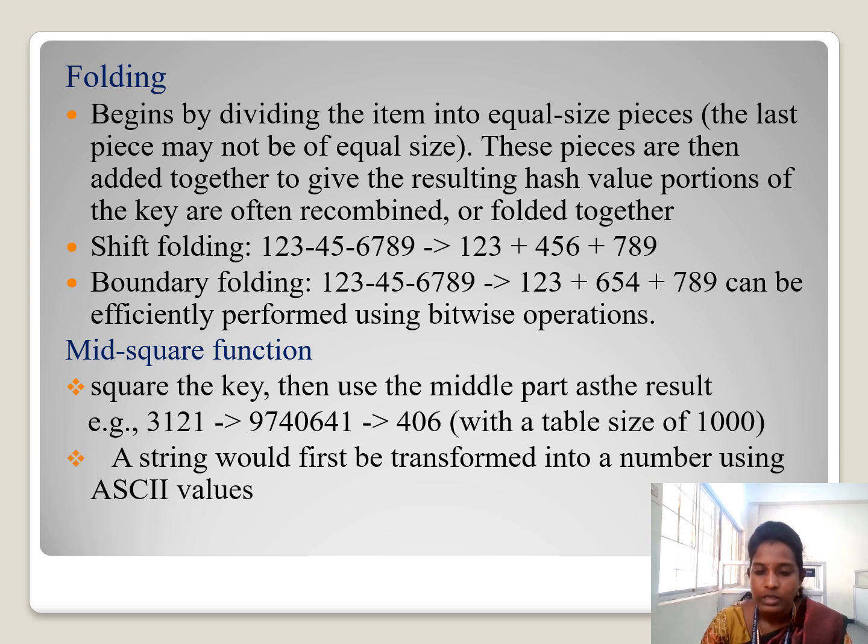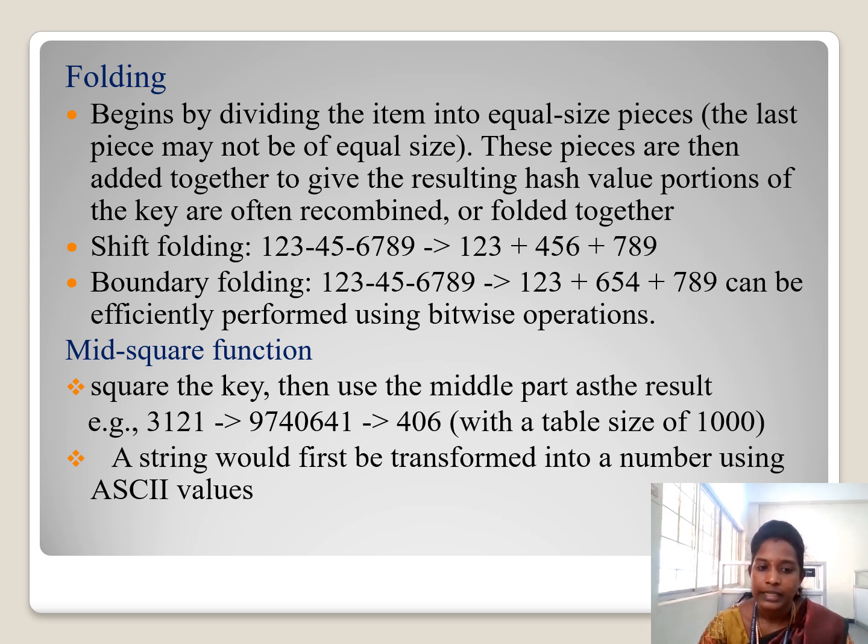We have to split this integer into equal halves, that is equal size pieces. These pieces are then added together to give a hash value result. In folding we have two kinds: shift folding and boundary folding.